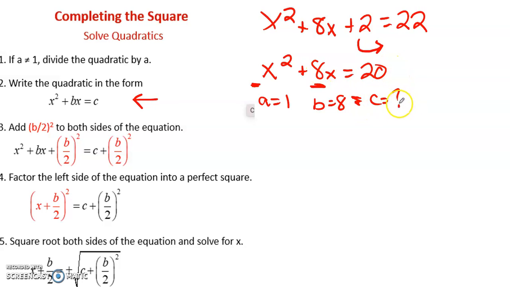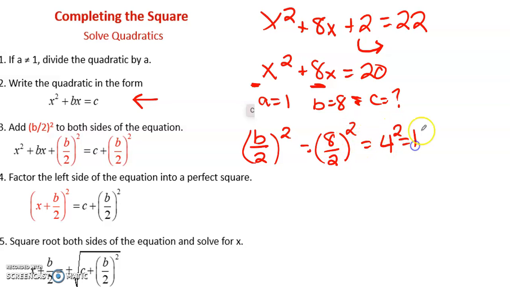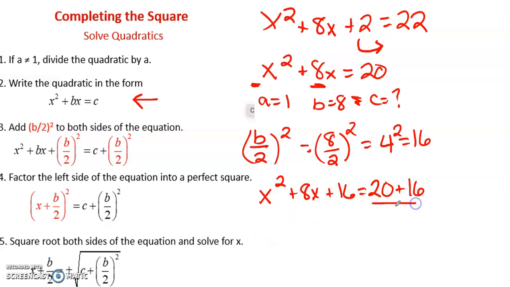In order to figure out my c, I'm going to take the b coefficient, divide it by 2, and square it. So 8 divided by 2 is 4, and 4 squared is 16. So I'm going to rewrite this, adding 16 to both sides. And then I'll simplify that right-hand side there.